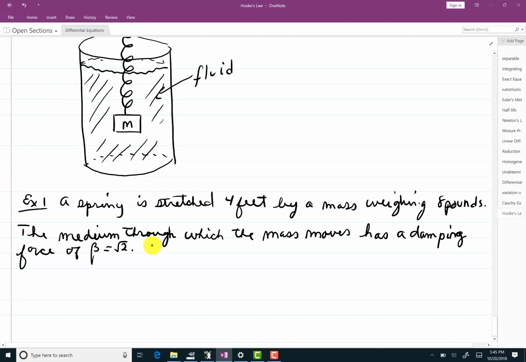So we want to determine the equation of motion.